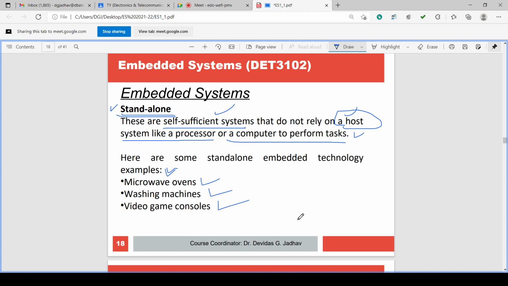Some relays are there, and the microwave gun is there, with power supply to it. Oscillators are there, controlling the parameters of the oscillators. These are the actions in the microwave oven. So the microwave oven may not require any external master processor. An internal processor is sufficient. So the microwave oven is a standalone, separate entity of embedded system.